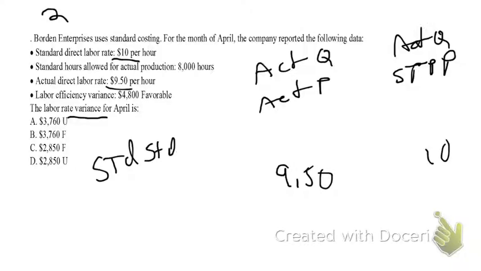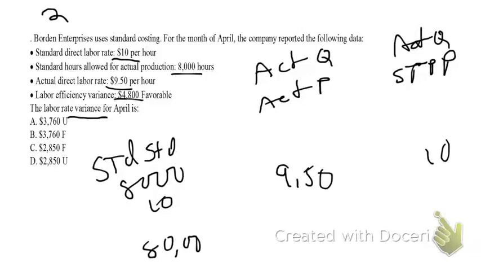I know the standard hours was 8,000, and the standard price was $10, so that's 80 grand. I know that the efficiency variance was 4,800 favorable, so this column here is 80 grand minus 4,800, which is 75,200.